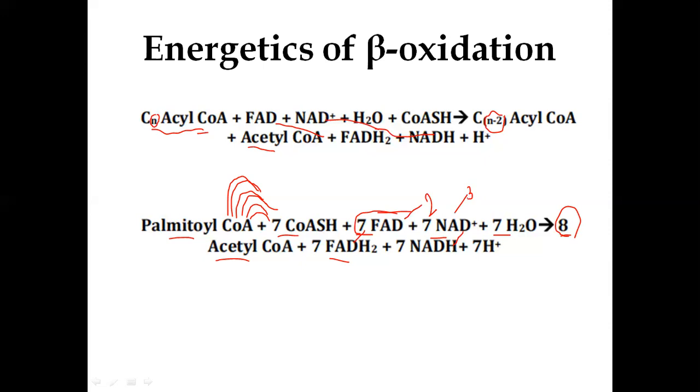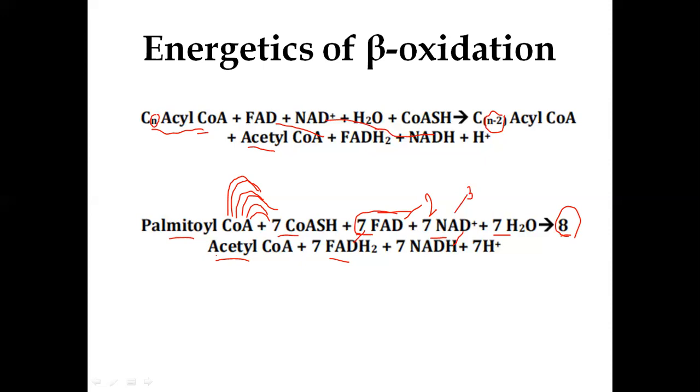And even this acetyl-CoA will enter the Krebs cycle, and that also releases ATP molecules. So in each molecule of acetyl-CoA, there is generation of 12 ATP molecules.